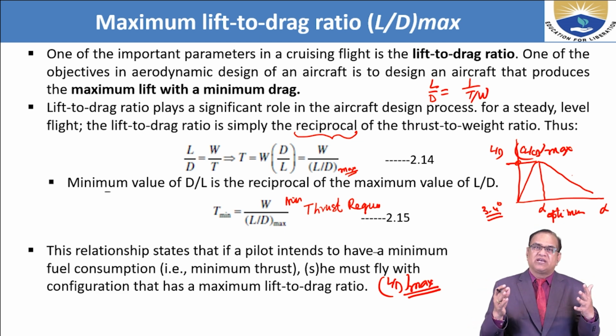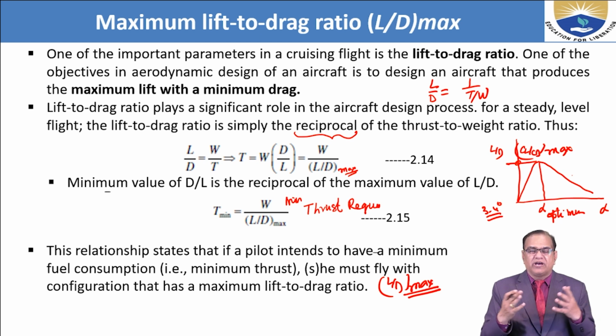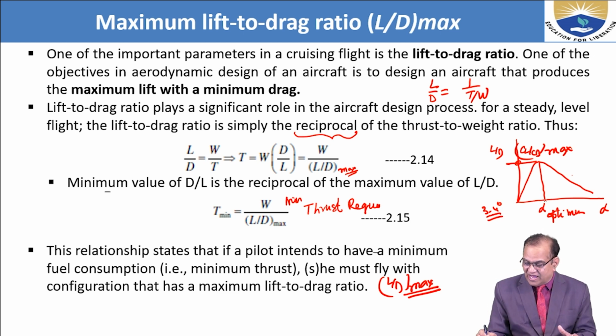So, to have more endurance or more range, the aircraft should fly in such a way that CL by CD is maximum, and this CL by CD will be maximum at a particular alpha. So, the pilot has to fly at this alpha, where CL by CD is maximum.